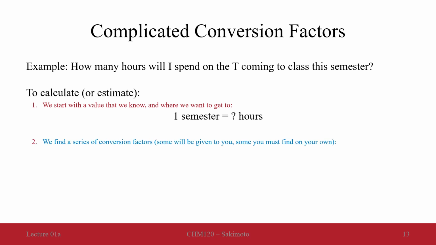In this case, we can count one semester. So in essence, we want to convert from the unit of one semester worth of classes to how many hours are spent on the subway coming to class in that one semester.